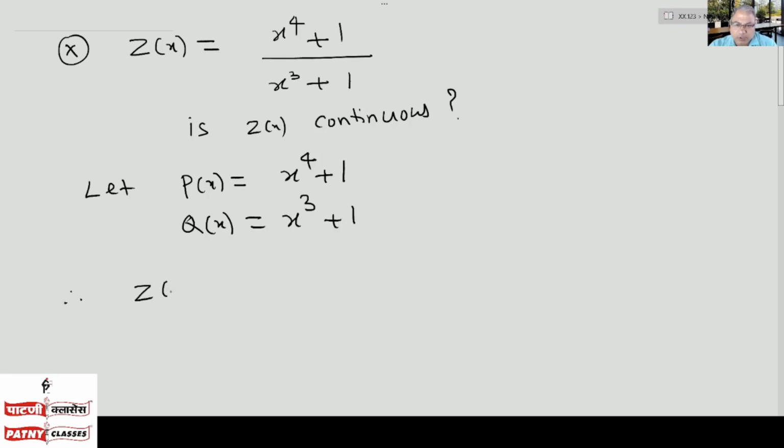Therefore, z of x equals p of x upon q of x. p of x is a polynomial and q of x is also a polynomial.